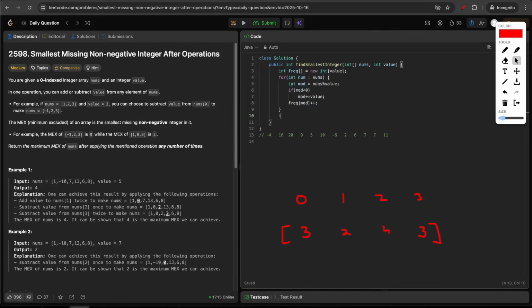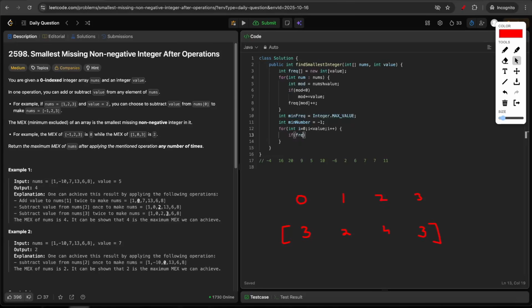So let me just take min frequency value and initialize it as integer max value. Also int min number equal to, let's say first it's minus 1. Let's just iterate on the frequency array and just find out what is the minimum frequency.